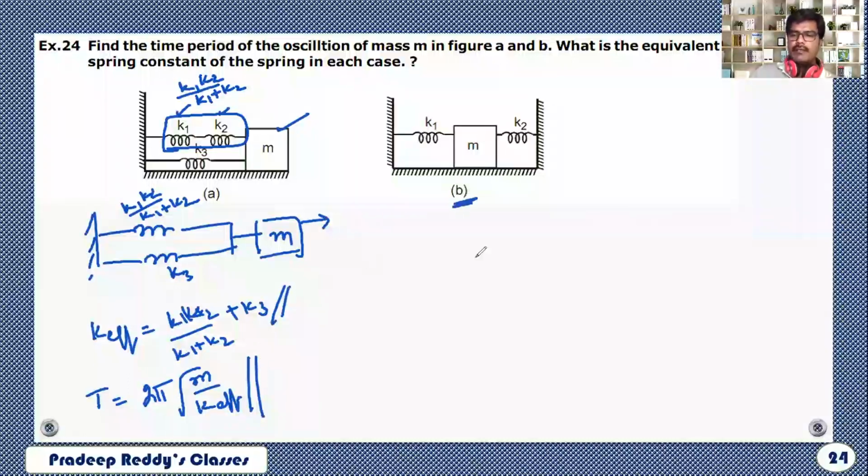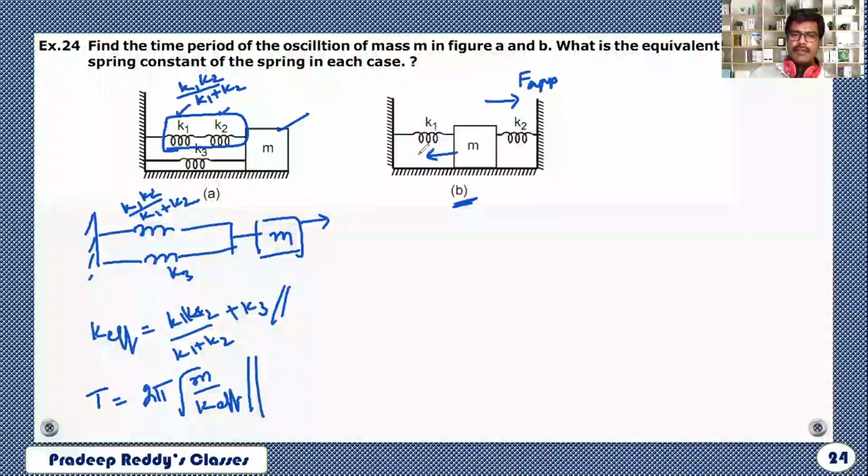Next, in question number B, most of you assume that k1, k2 spring constants of two springs are arranged in this way. Most of you think that this is a series combination, but it is wrong. Because suppose m1 is pushed right side, what does this first spring do?